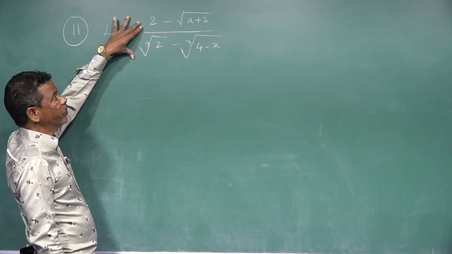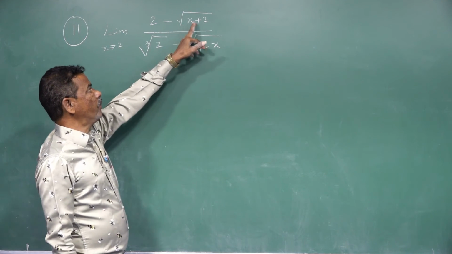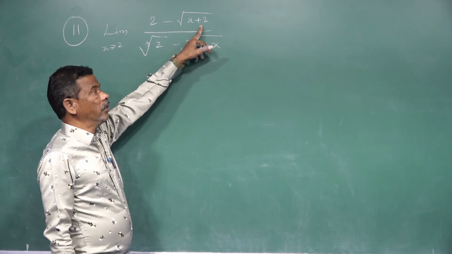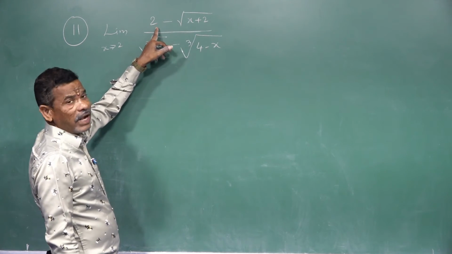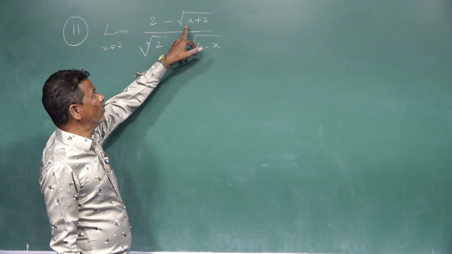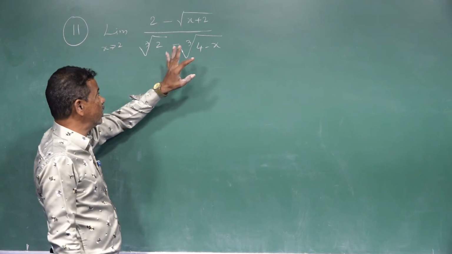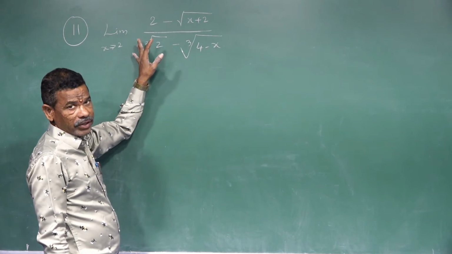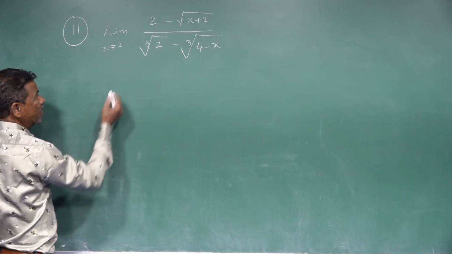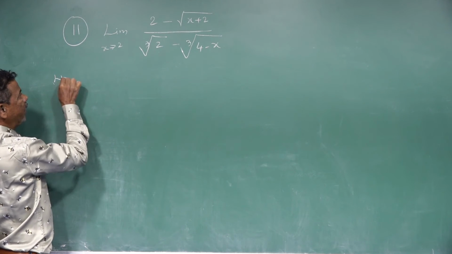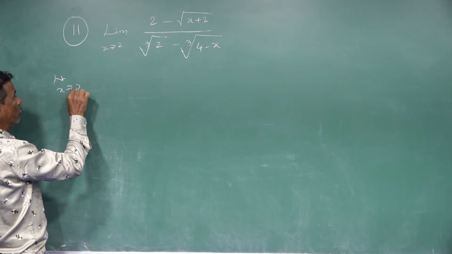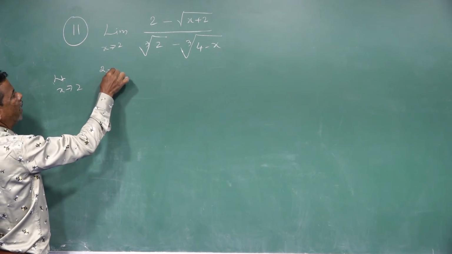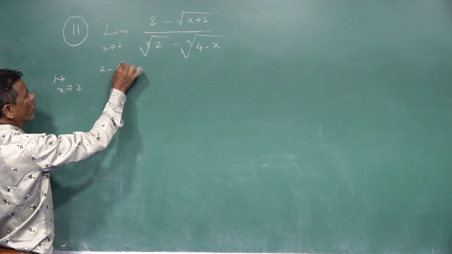Here a little bit change. 2 minus root of x plus 2. Here the rationalization factor is 2 plus root of x plus 2. That is enough. But here a different power, 1 by 3, is there. So for this, limit x tends to, 2 minus root of x plus 2.